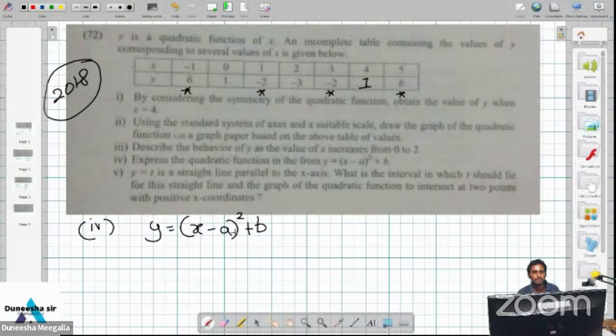Okay. How do we express it? To express it like that, I am now again going to the graph.